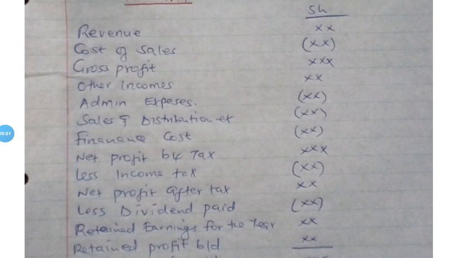You are just writing an item like revenue, you put a figure. You write an item of cost of sales, you put a figure. Then if you did working one, you show that this figure was after doing working one. Then your working one should be seen somewhere in your workings.